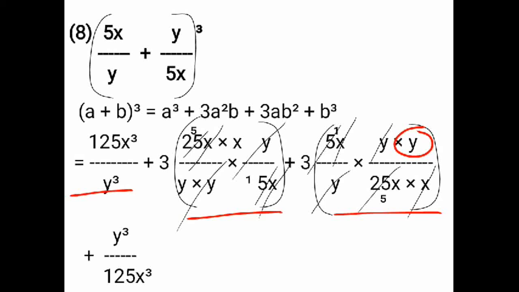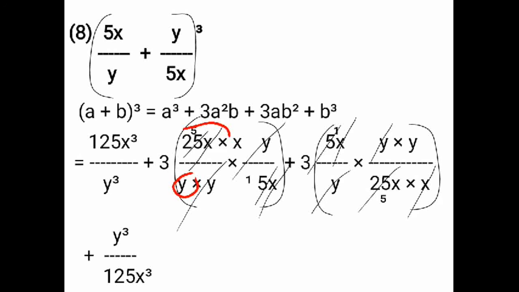Other all you have to write as it is. This one, and this one that place. Bracket one you have to solve again. And you have to put it in bracket. In 3a square b here, bracket is which is there 5 into x on numerator and y on denominator.